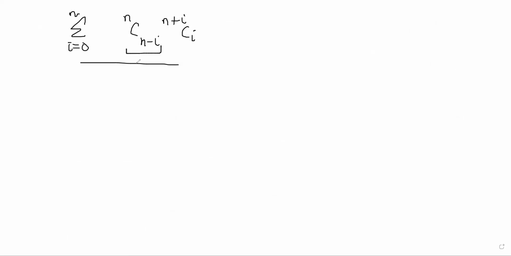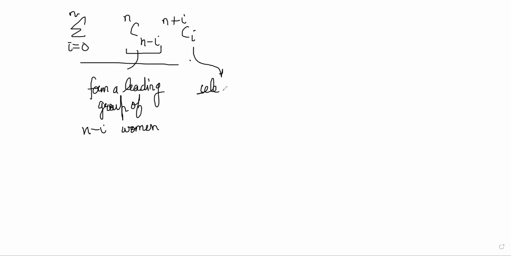Here, this is helping us to form a leading group of n minus i women. And this is selecting the remaining members of the committee. So that is one way to solve the problem.